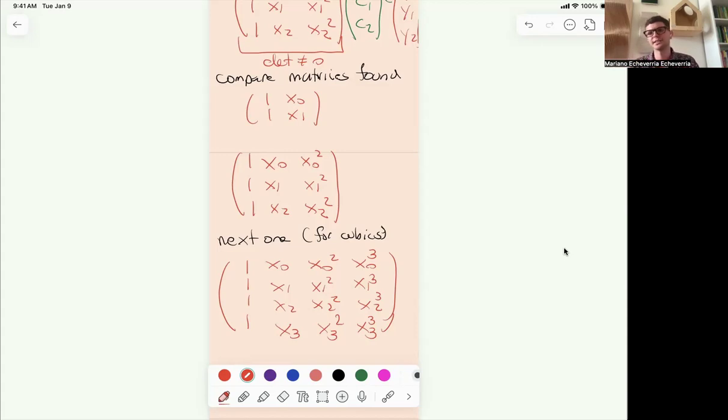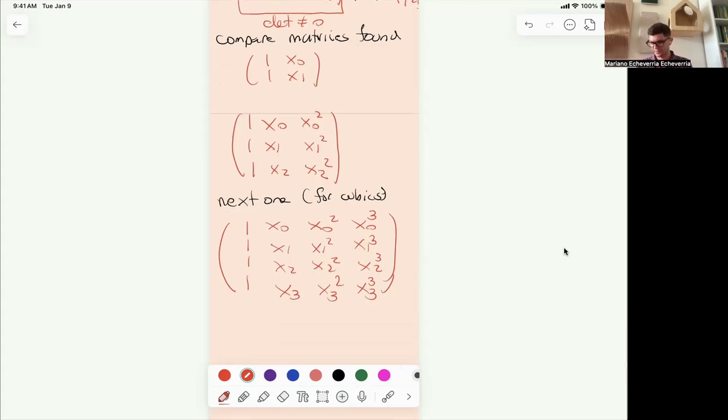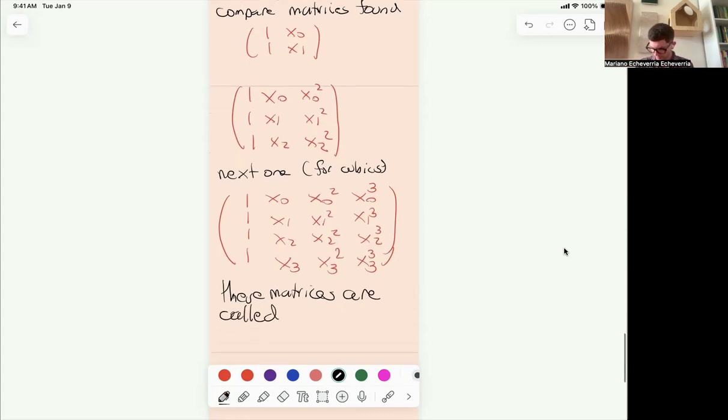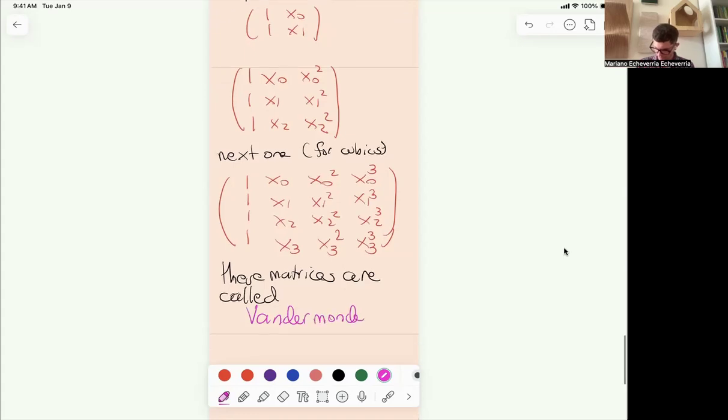So all these matrices that I'm writing for you right now are called Vandermonde matrices. Vandermonde was the name of the guy, by the way.